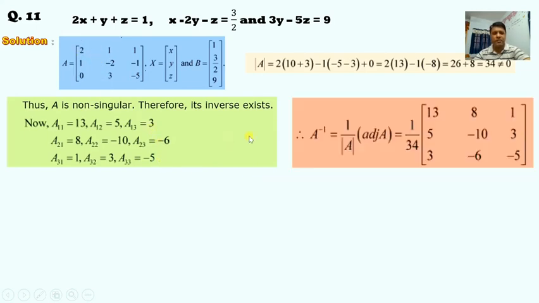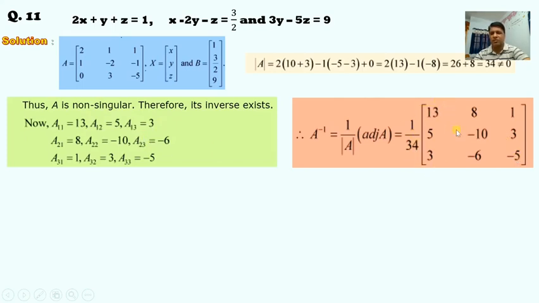So now we put all the elements in that format and then taking its transpose, we will get the adjoint of matrix A. And you can see 13, 5, 3, these we had taken horizontally, but here you can see we have put it vertically.